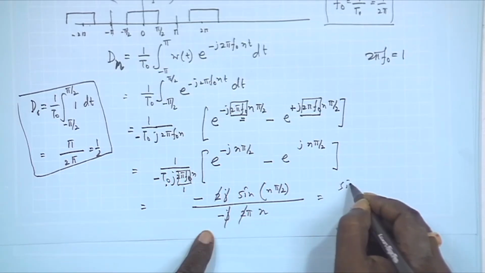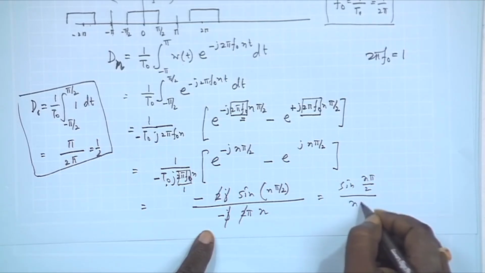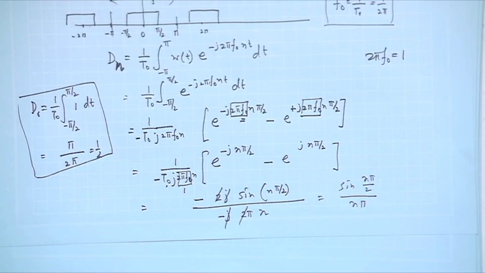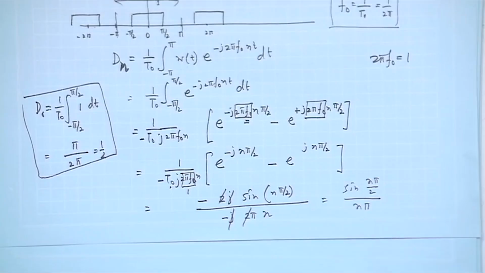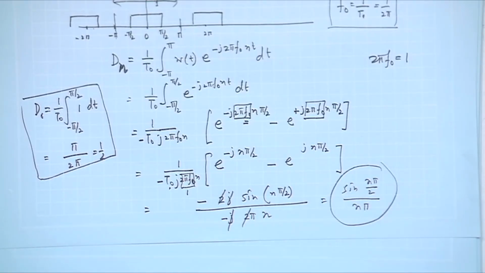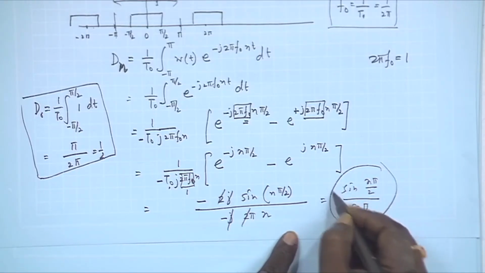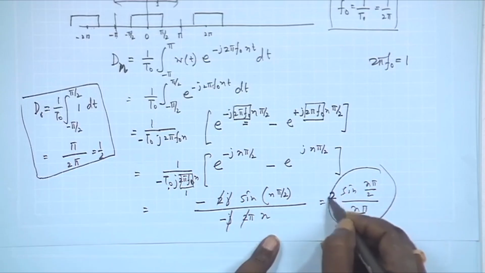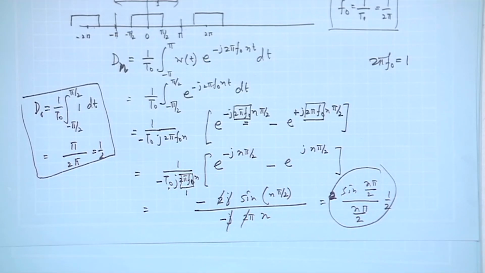So you have sine n pi by 2 divided by n pi. So this is our answer, right. Eventually, it is actually almost like a sin x by x kind of thing. So I can put this as by 2 and multiply into 2, so it is just half sinc function, right.